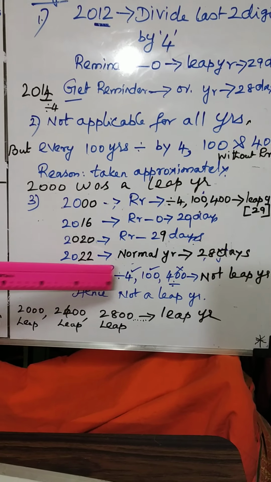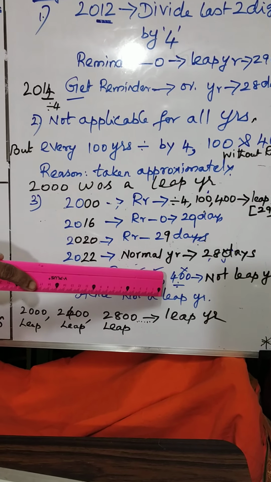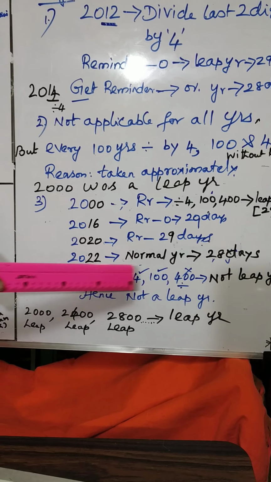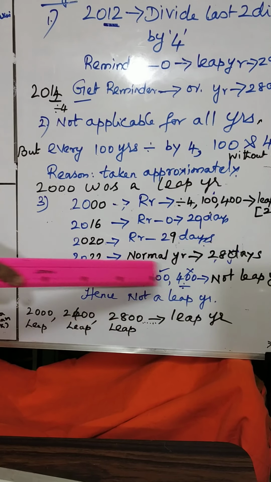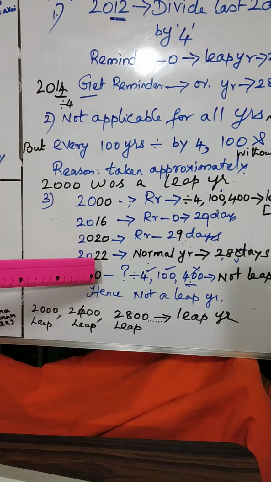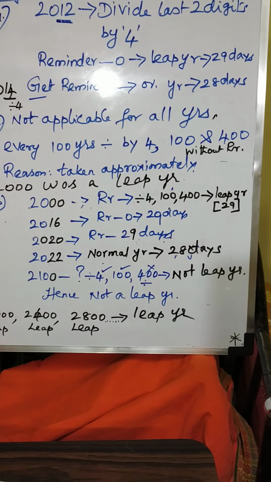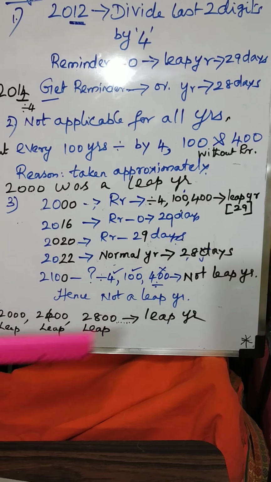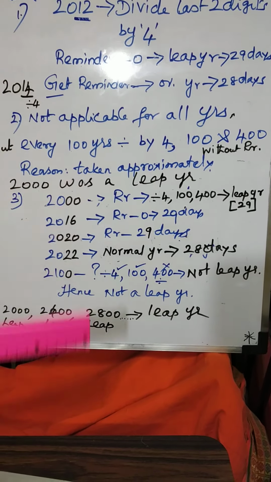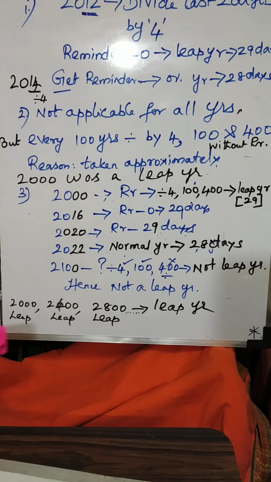In the case of 100, you know 21. But when you divide 2100 by 400, it is not divisible. Hence, 2100 is definitely not going to be a leap year. It is going to be an ordinary year, that is, we will have only 28 days.